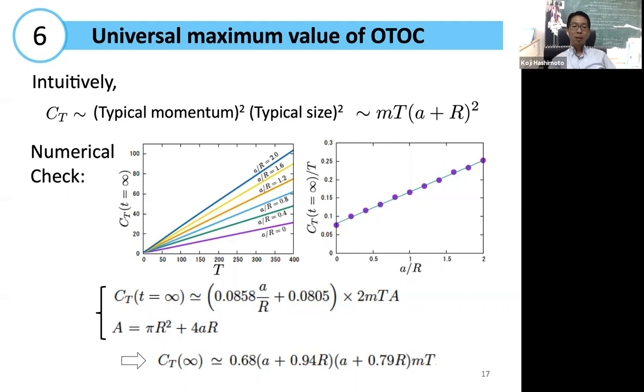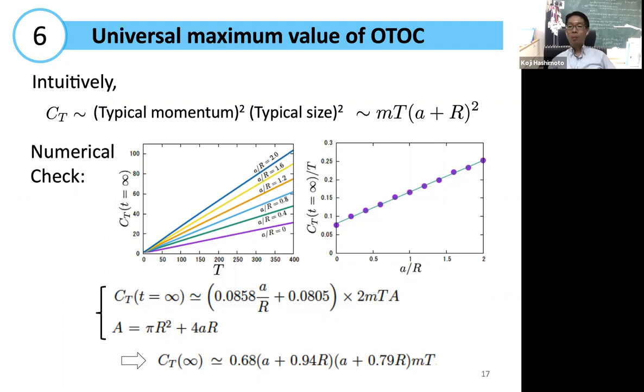The reason is that the definition of this ODOC is given just by two x's and two p's come together, right? And if you wait long enough, then the correlation between those two would disappear. So basically it would be equal to x squared times p squared. So that's an intuitive picture.